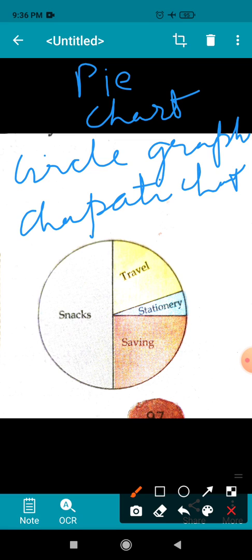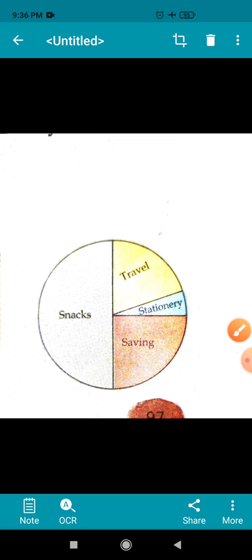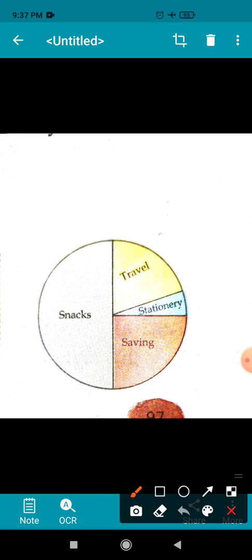Children, this pie chart is represented in a circle and divided into different sectors, and each sector represents a part of a whole. Here in this picture of a pie graph, you can understand each of the parts and draw your own conclusion.